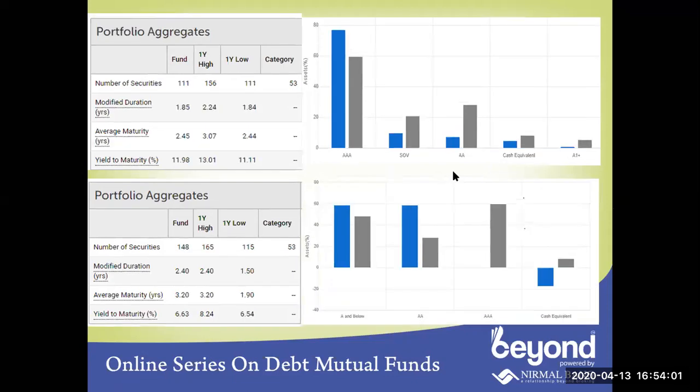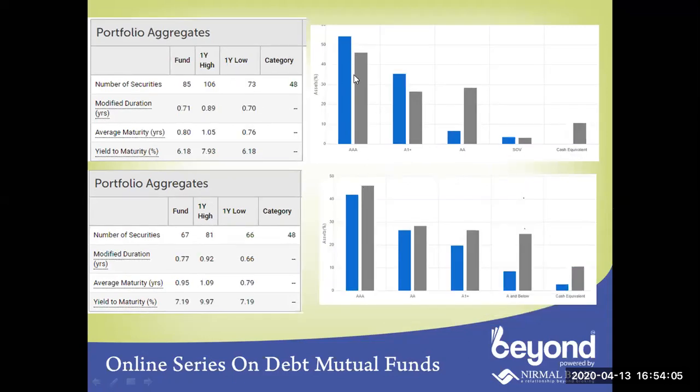But if you look at the portfolio of these 2, that will tell you the exact story of why this is 7.19% and why here you are getting 6.18, which is exactly 100 bips lower than the second fund. In the first fund, the AAA exposure, which is the safest exposure, is more than 50%, around 53%.